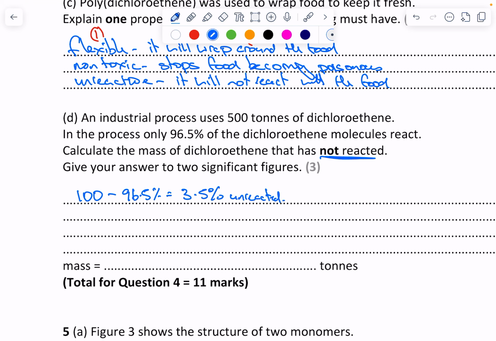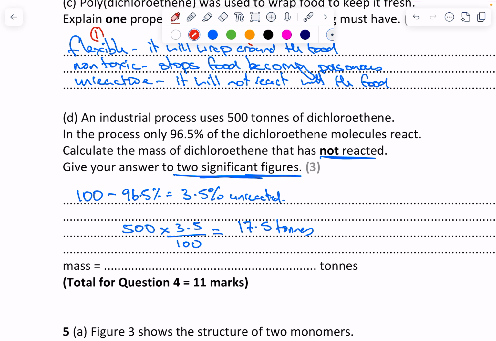Okay, and then all you need to do is, we actually started with 500 tons, so I'm going to times that by the 3.5 over 100, because that's a percent. So times by 500 divided by 100, and I'm getting an answer here of 17.5 tons, but I want it to two significant figures.